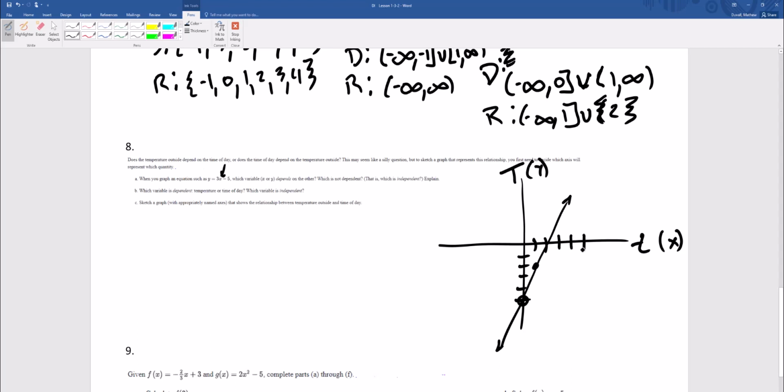And then this could be something along the lines of 0 o'clock, or midnight, and then 1 a.m., 2 a.m., 3 a.m., 4 a.m., 5 a.m.